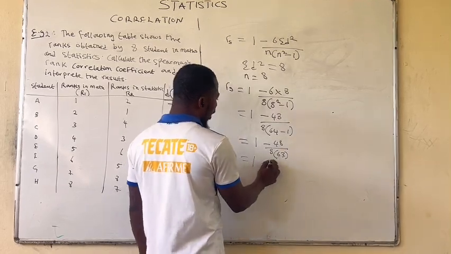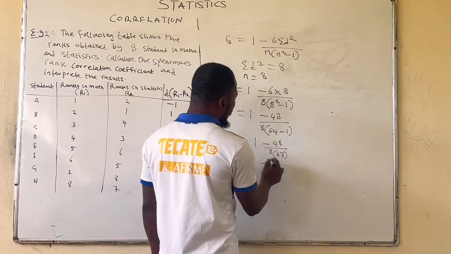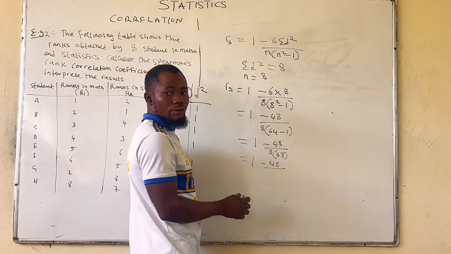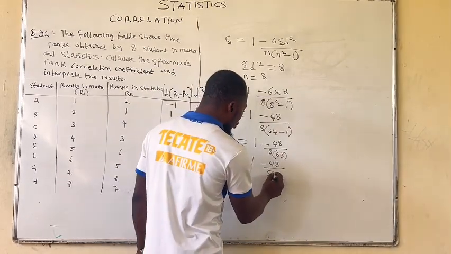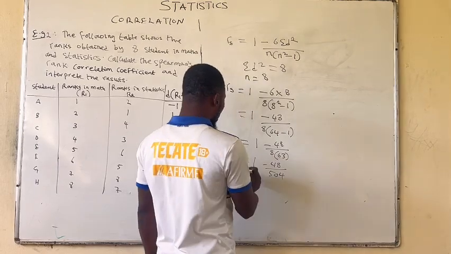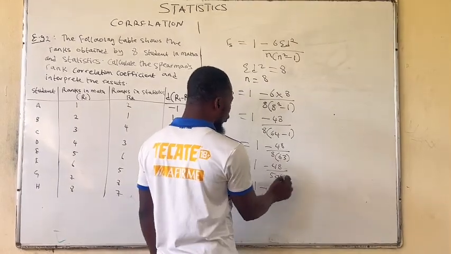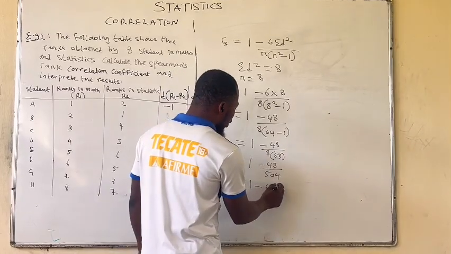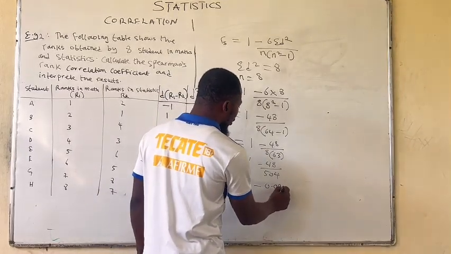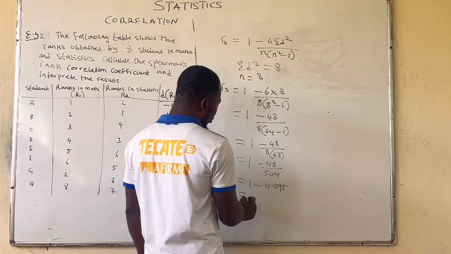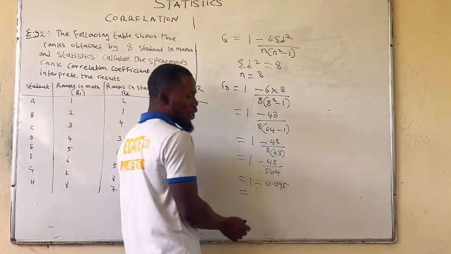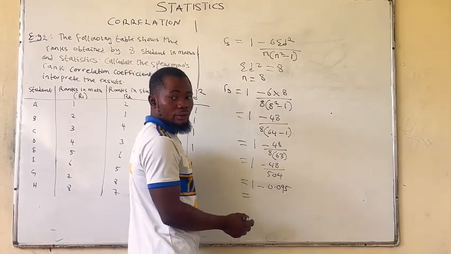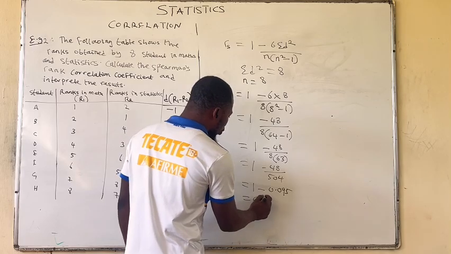Then 8 times 63 is 504. Which is 1 minus 48 divided by 504, which is 0.095. So 1 minus 0.095 is 0.905.